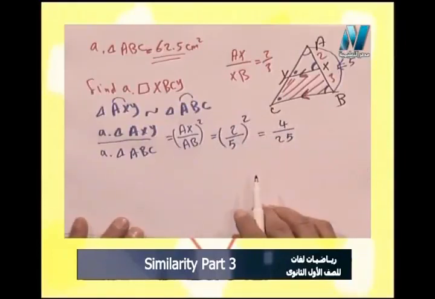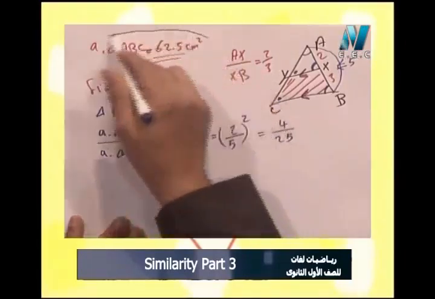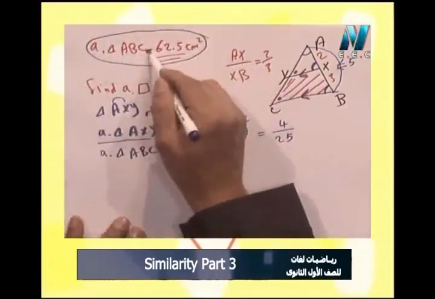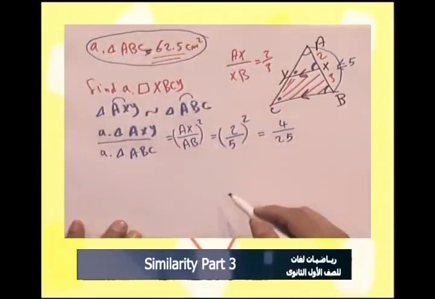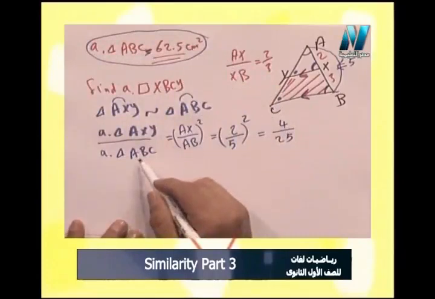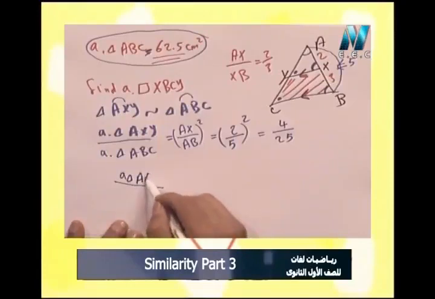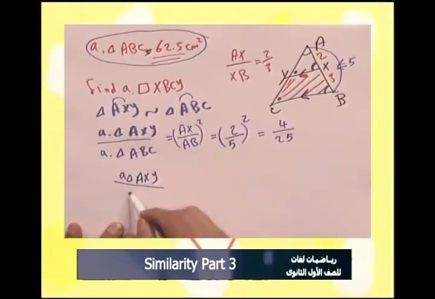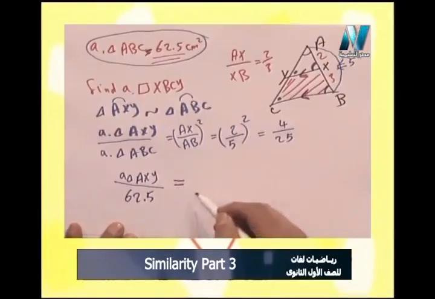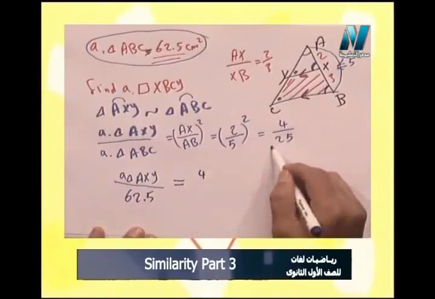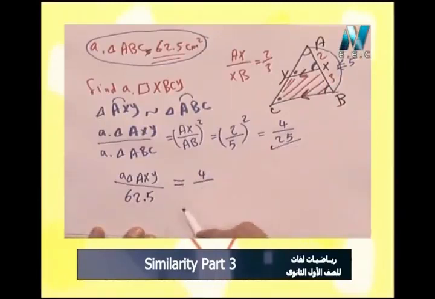And we have the area of the big triangle, which is 62.5. By substitution, we will find that the area of triangle AXY over 62.5 will be equal to this ratio, 4 over 25.